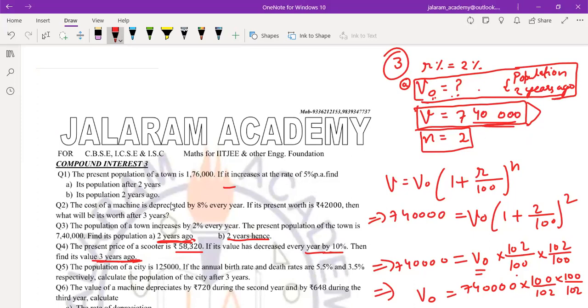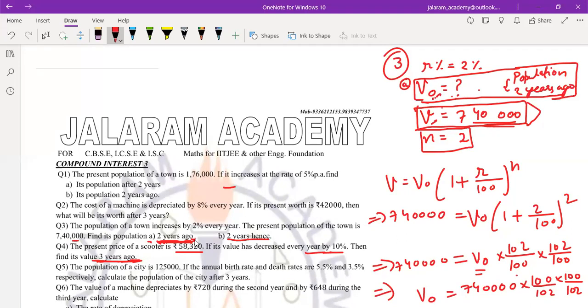The present population, which is given as 7,40,000, cannot be taken as V naught this time, as we have to find the population 2 years ago in this question part A. As we have to find the population 2 years ago, we have to find V naught, not V. V means the final value which comes after, and V naught means the initial value which comes before.